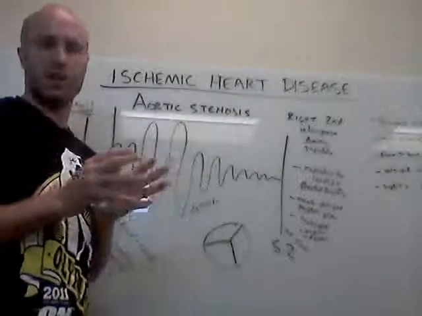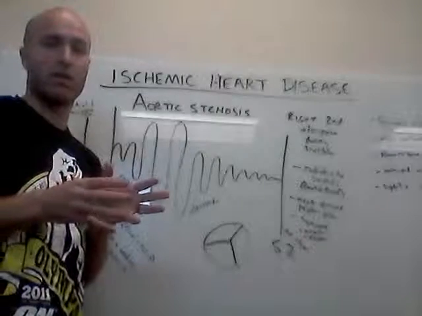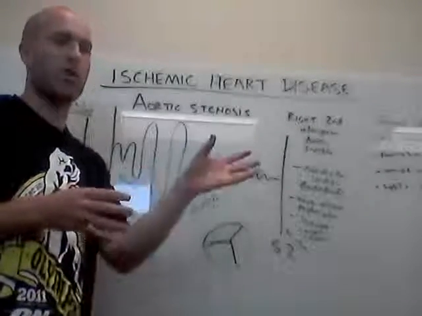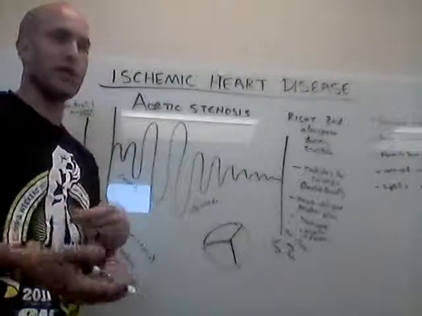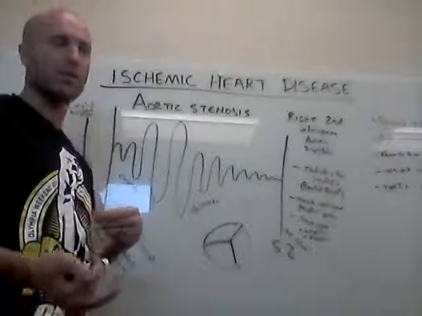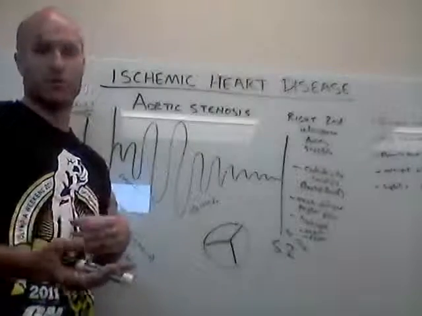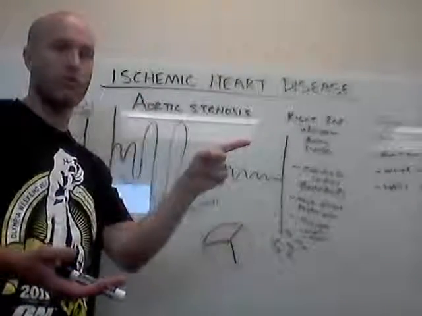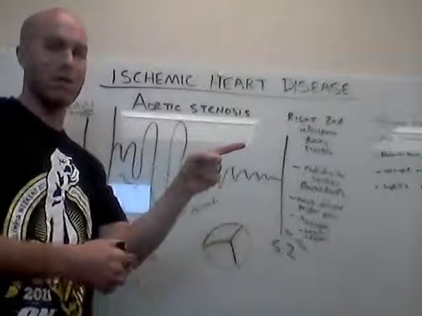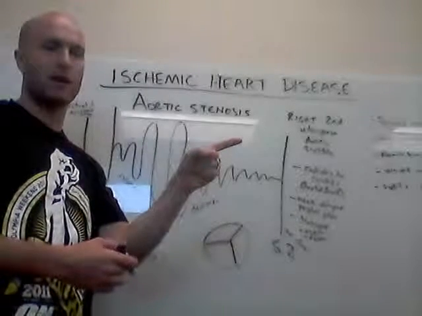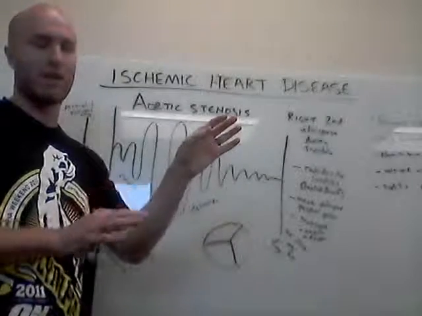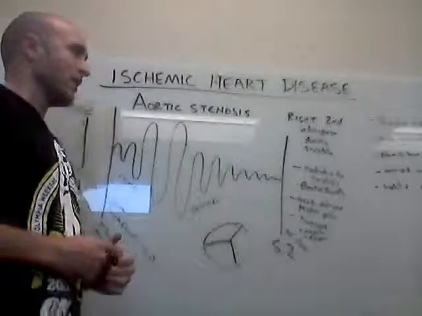That could even be a way of discerning whether their aortic stenosis is caused by rheumatic heart disease as opposed to calcification, because calcification can happen just in the aortic valve, but rheumatic heart disease will affect the mitral valve first, and then maybe also the aortic valve. It's not going to be the aortic valve without the mitral valve.